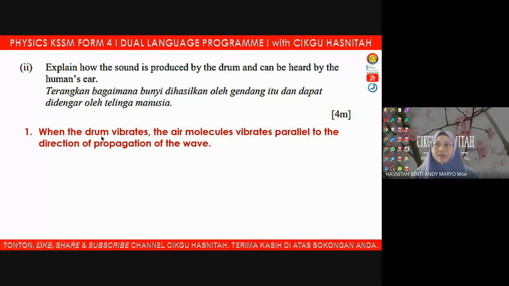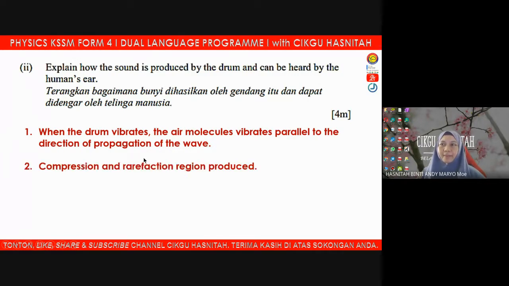Second, from the vibration, it creates compression and rarefaction. Remember, since sound wave is a longitudinal wave, it produces compression and rarefaction regions alternatingly.